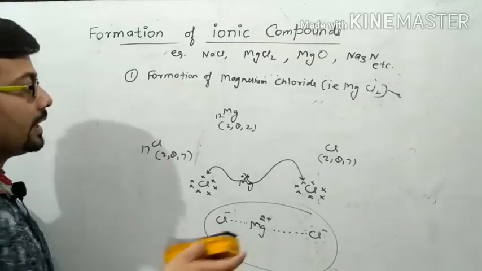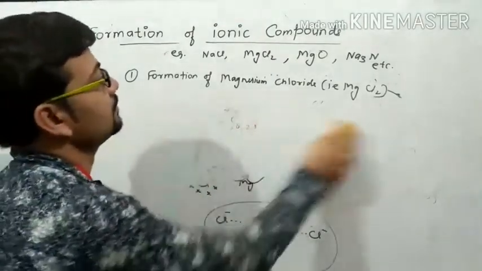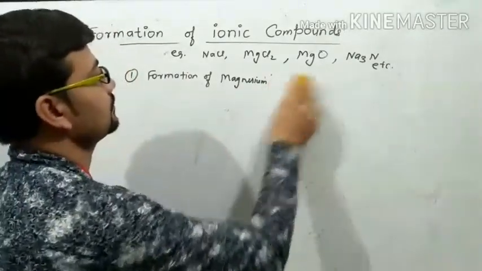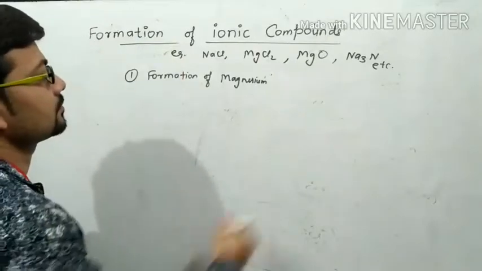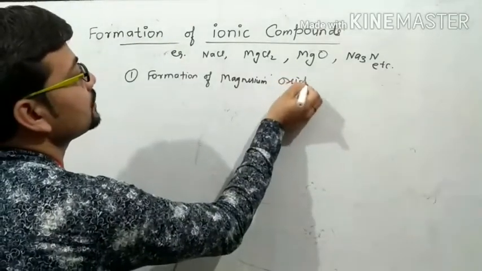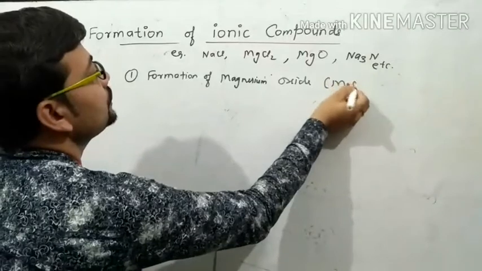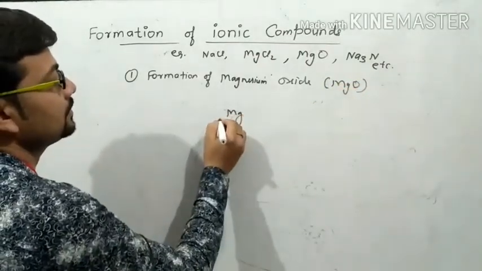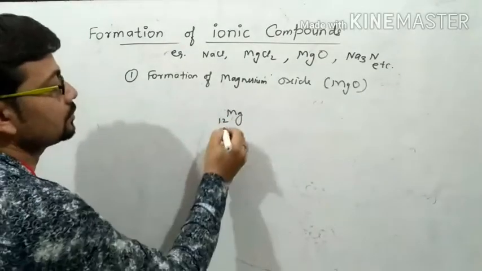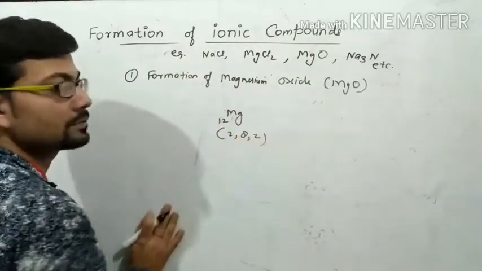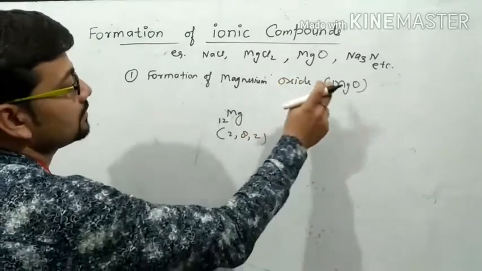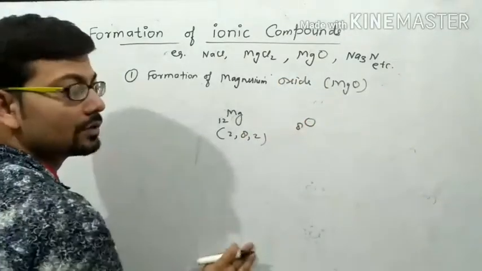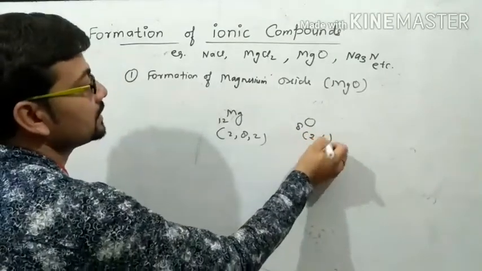Right? Now taking another example, that is magnesium oxide, MgO. So magnesium has atomic number 12, the configuration 2, 8, 2, right? Oxygen has 8 electrons, so 2, 6.